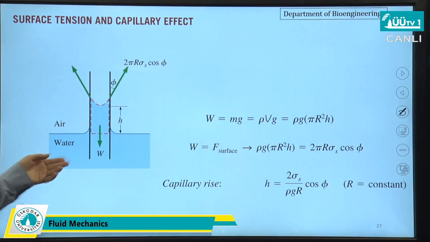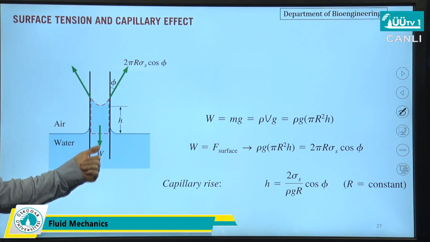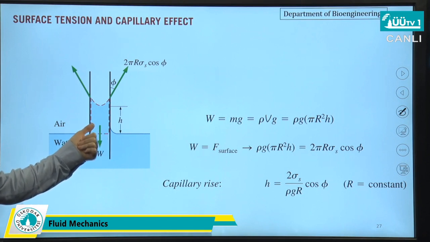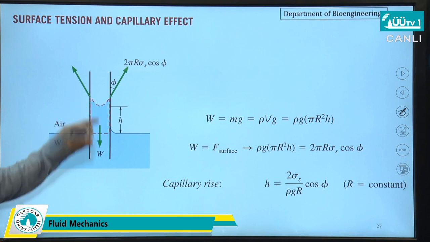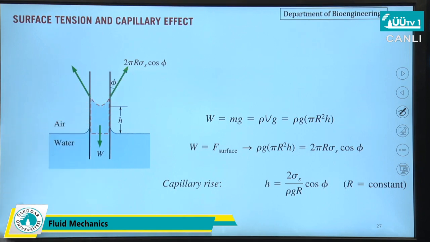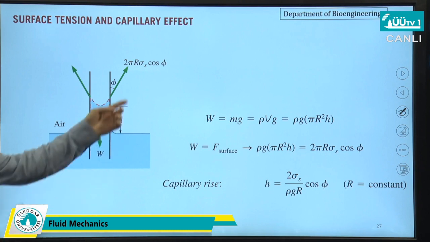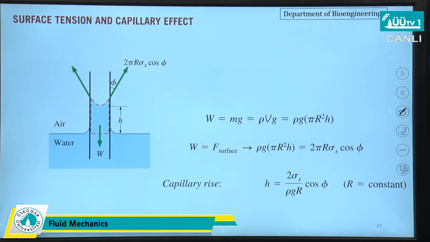Okay, here in this slide we can easily calculate the amount of h. There's a force balance. This is the weight of the liquid inside this capillary tube. This is the surface tension on the surface of this liquid. It is 2πR, which is the perimeter of this liquid at this point, times surface tension, times the cosine of this angle, phi.